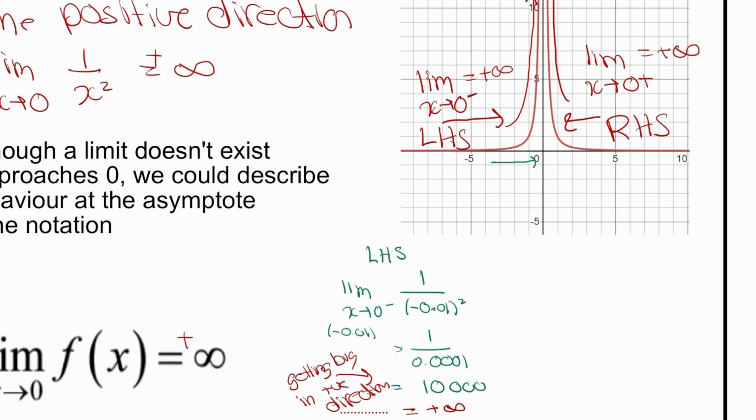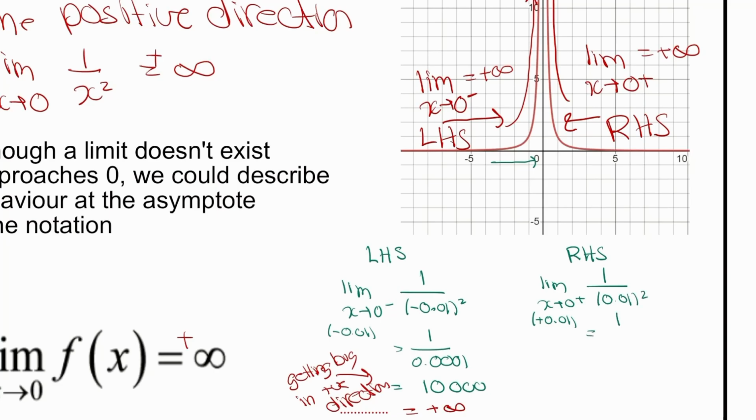Now let's look at what's happening on the right-hand side. So my limit as x approaches 0 from the right-hand side of 1 over x squared. Now, what value am I going to use? Well, this time I'm going to use positive 0.01, just to keep things even on both sides. So I have 0.01 squared.